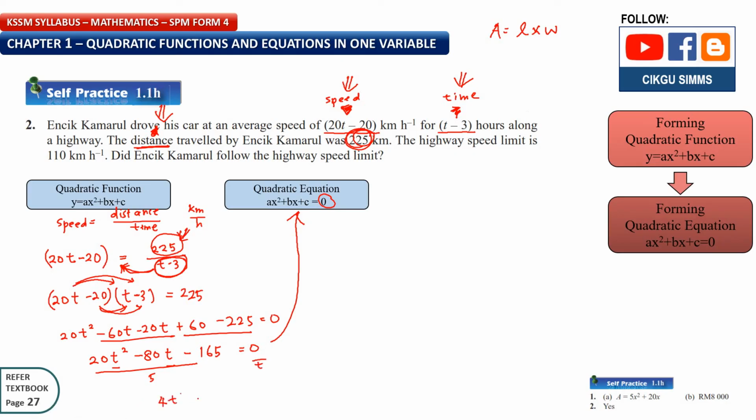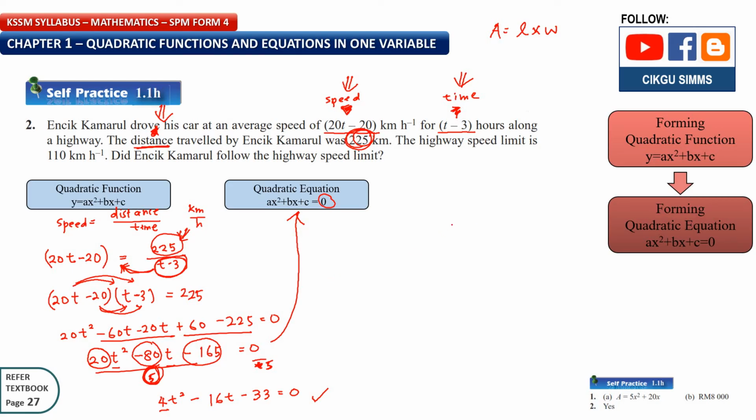So 4t squared minus 16t minus 33 equal to 0. If you do not understand, 20 divided by 5, you get 4. Negative 80 divided by 5, and then this one divided by 5. The right side is 0 divided by 5, so to be fair, I divide both sides by 5.